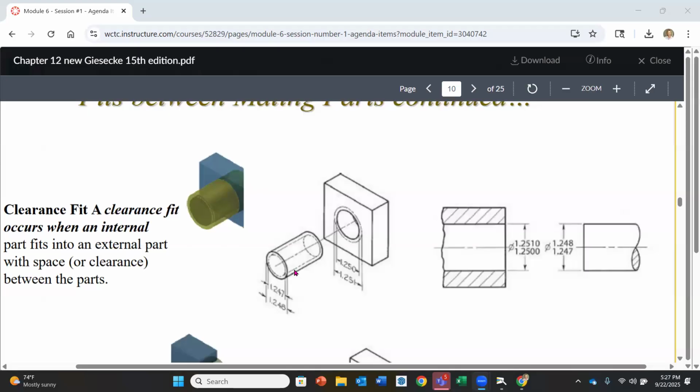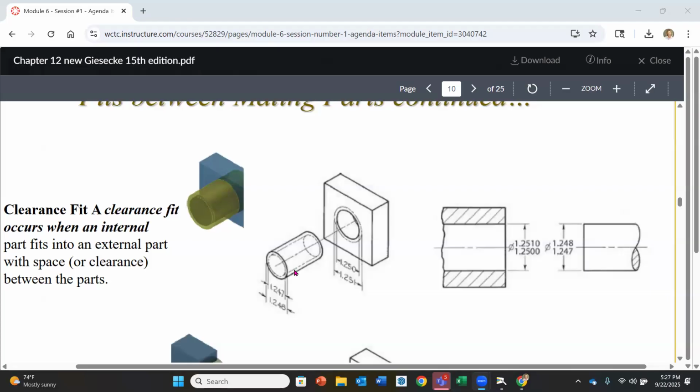I would take for the tightest fit here, largest or smallest hole? Smallest hole, and I would subtract off the largest or smallest pin. Largest pin. So my worst case scenario is going to be the smallest hole minus the largest pin.